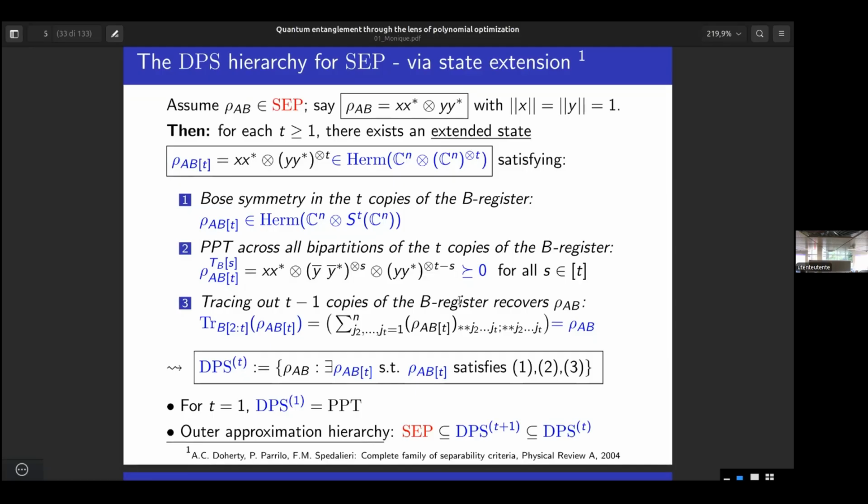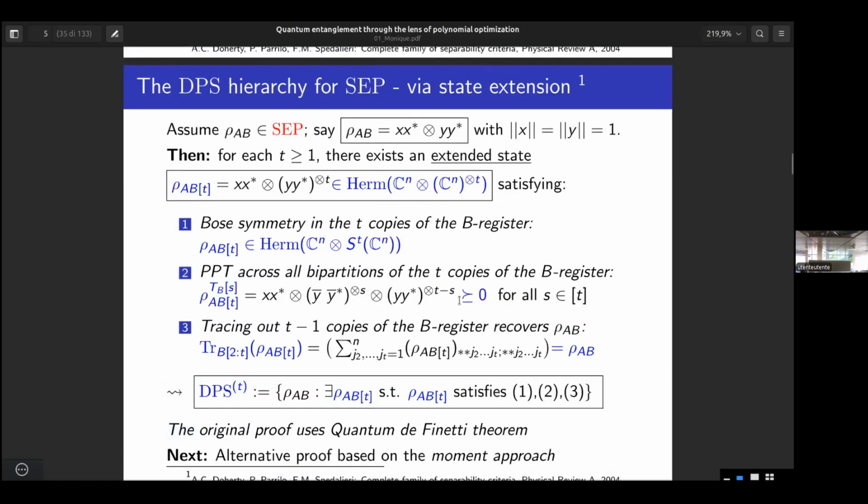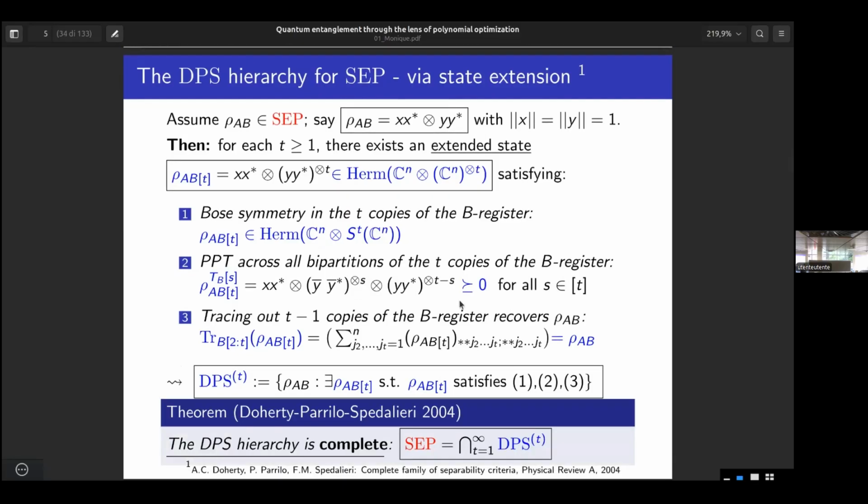So we get a hierarchy of outer approximations which get tighter and tighter around the separable set. If we take the intersection of all of them, we get exactly the separable set. This is the result of Doherty, Parrilo and Spedalieri.